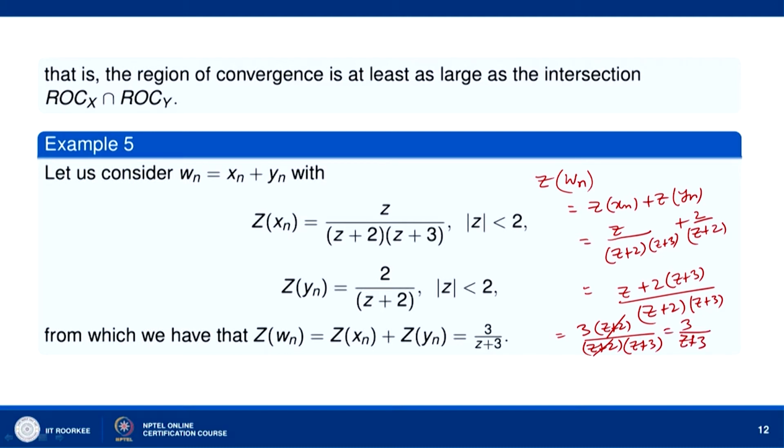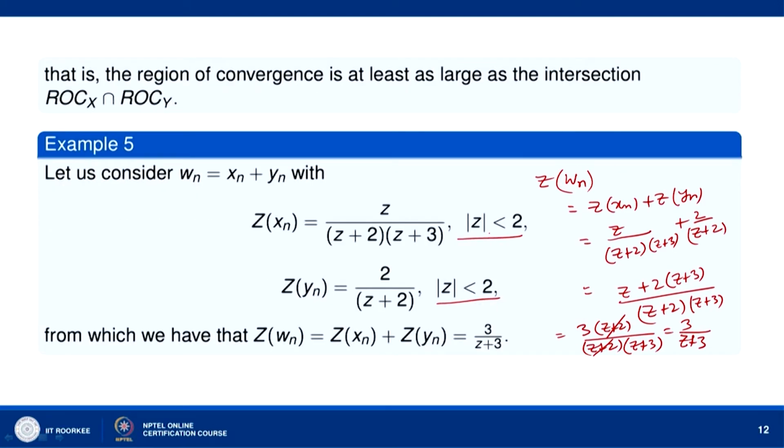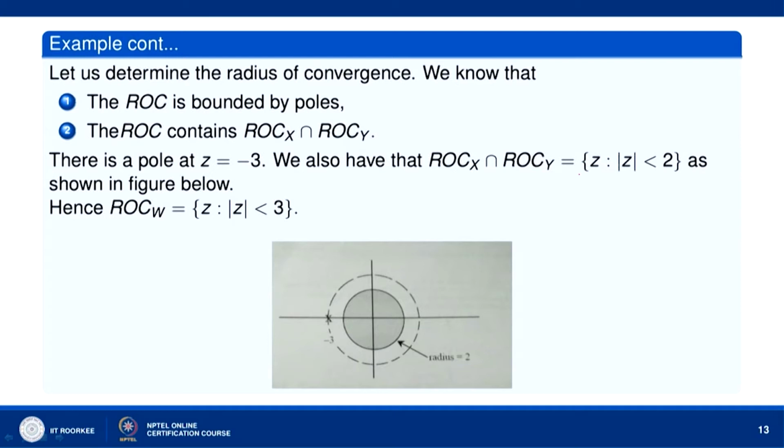Now, you can see the region of convergence here is mod z less than 2, and here mod z less than 2. What is the region of convergence here? Because it has a pole at z equal to minus 3. So, ROC x intersection ROC y is the same, because they are the same: mod of z less than 2, mod of z less than 2.